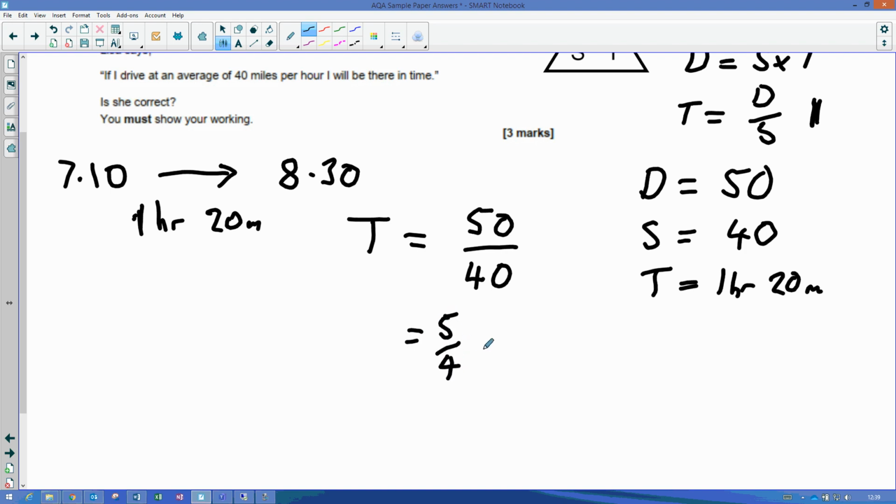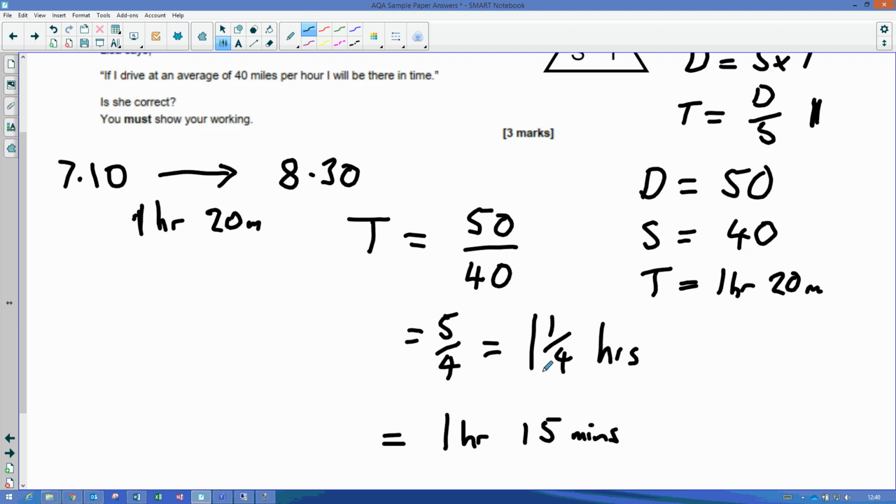That's a top-heavy fraction. So we can turn it into a mixed number. 5/4 is 1 whole and 1/4. And that's a time in hours. So in hours and minutes, it's 1 hour, quarter of an hour, 15 minutes.